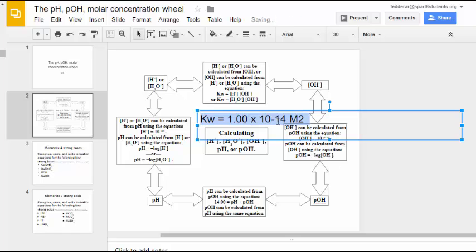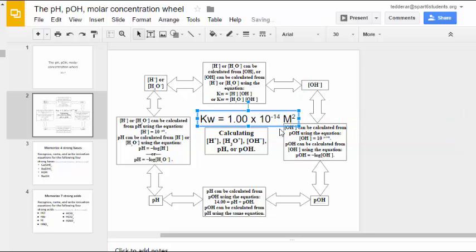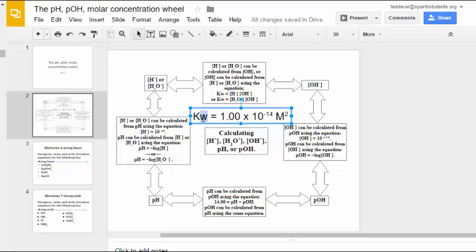That looks pretty good. All right, so I just added that to it, so you're going to have that on there. All right, so that's the value of Kw.